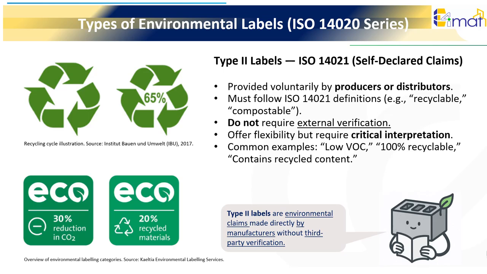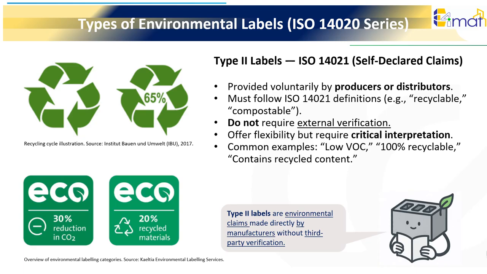Type 2 labels, under ISO 14021, are self-declared environmental claims. The definition is, Type 2 labels are environmental statements made directly by manufacturers, without third-party verification. You have seen these countless times: recyclable, low VOC, biodegradable, contains 30% recycled content.